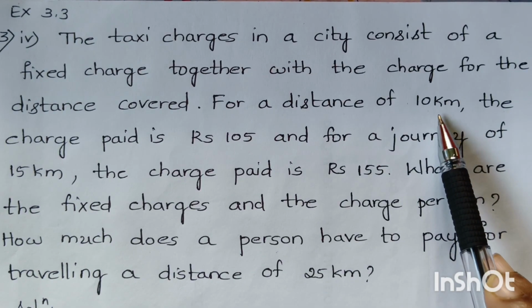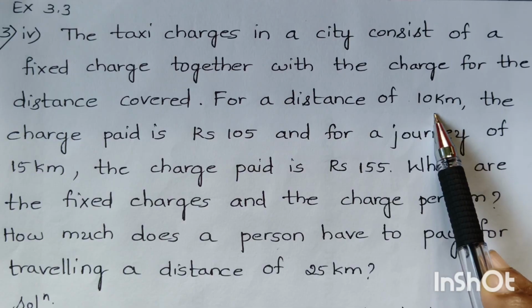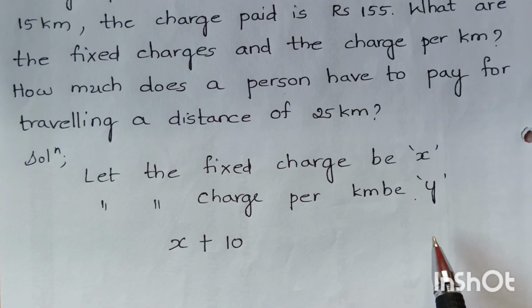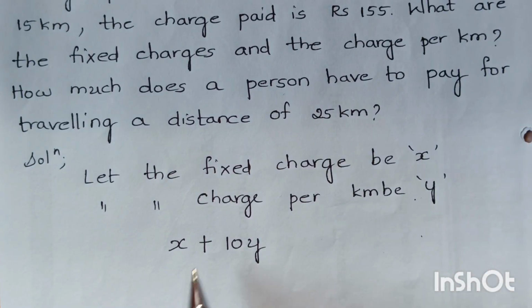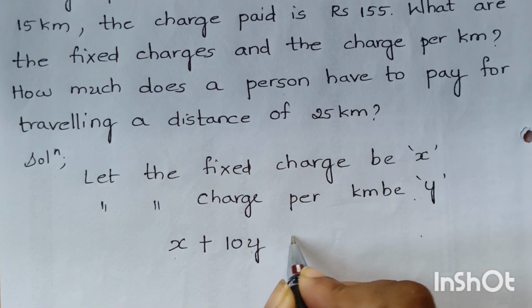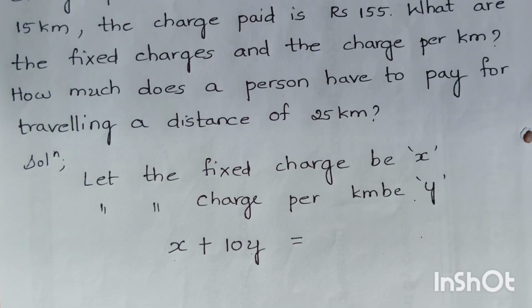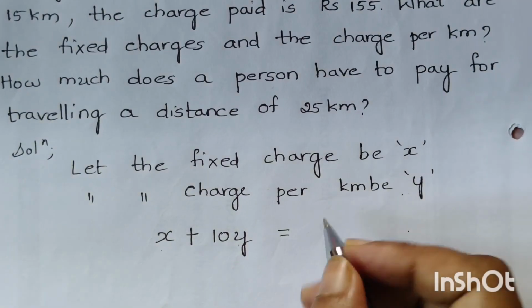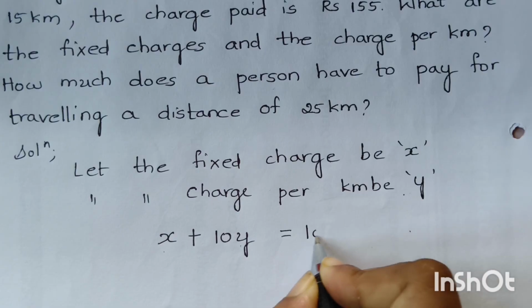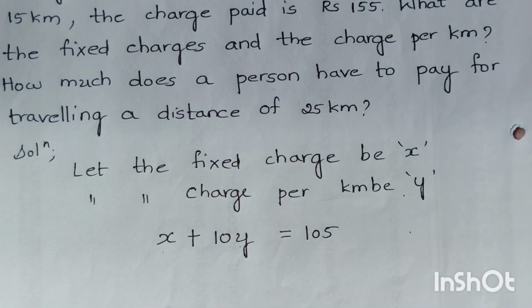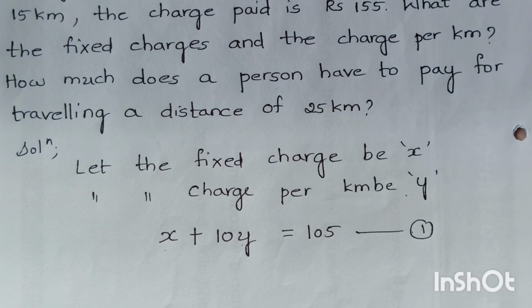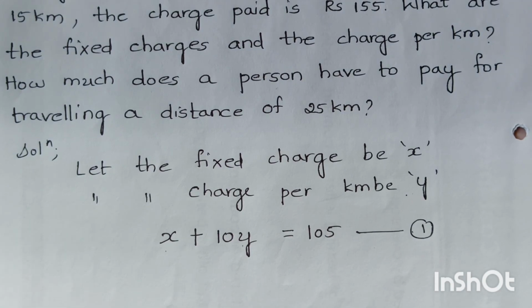The customer travels 10 km. Therefore, 10 into charge per kilometer, that is y. x plus 10y. Total how many rupees has he paid? He has paid 105. That is x plus 10y is equal to 105. Consider this as equation 1.